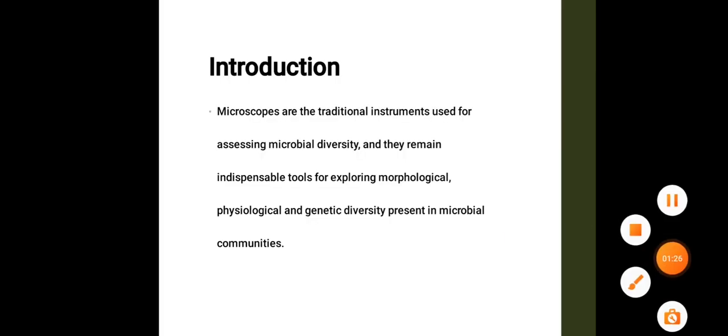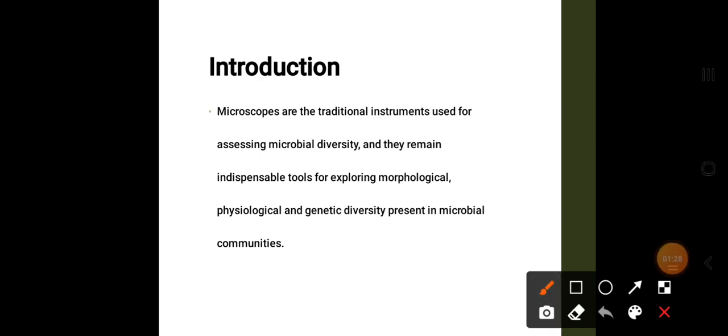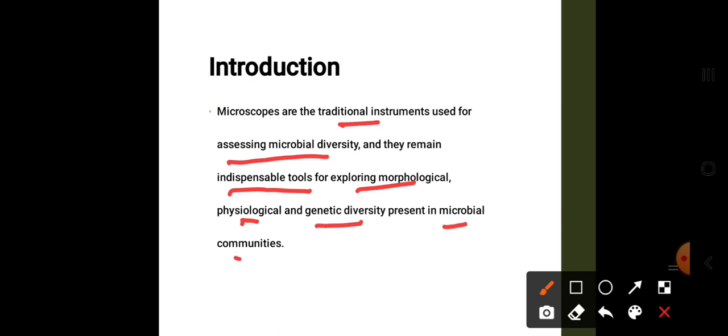First, the introduction: microscopes are the traditional instruments used for assessing microbial diversity. Assessing means studying the microbial diversity, and they remain indispensable tools for exploring the morphological, physiological and genetic diversity present in microbial communities.